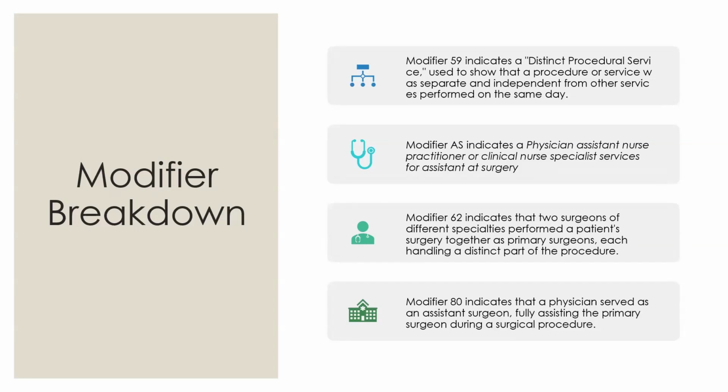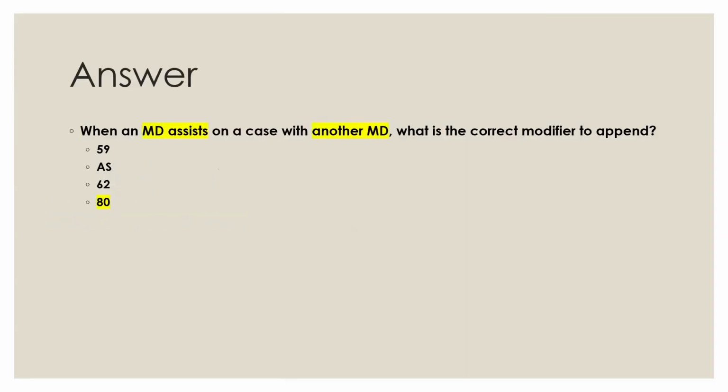And modifier 80 is when a physician serves as an assistant surgeon, fully assisting in the primary surgeon's procedure. So in this particular case, with the example we have, the MD is assisting another MD on a primary case. Therefore, modifier 80 would be the appropriate answer in this scenario.